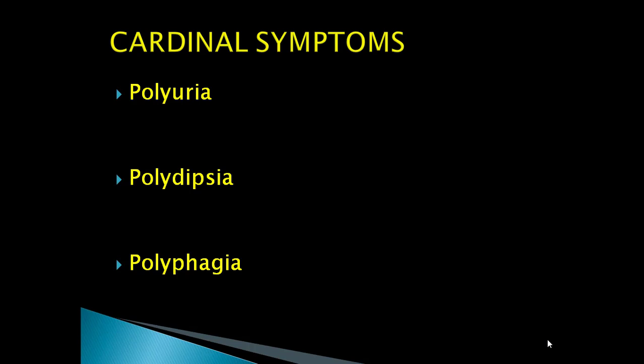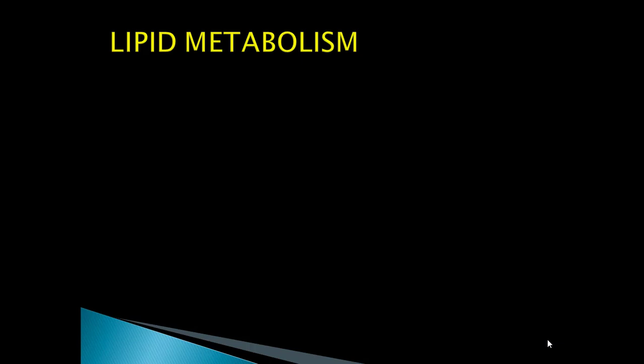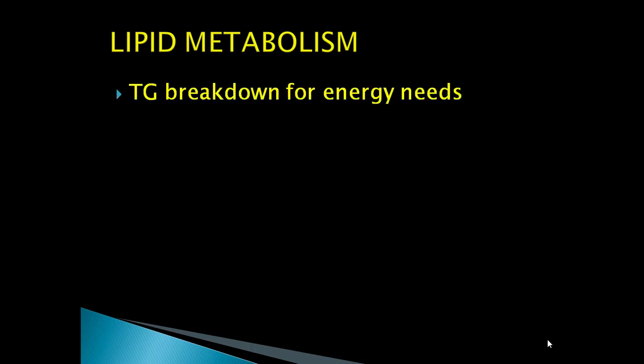So after studying derangement in carbohydrate metabolism, we move on to derangements observed in lipid metabolism. Since the body and the tissues are not able to utilize glucose, they will need energy, and in these conditions the fat or triglyceride acts as an alternative source of energy.